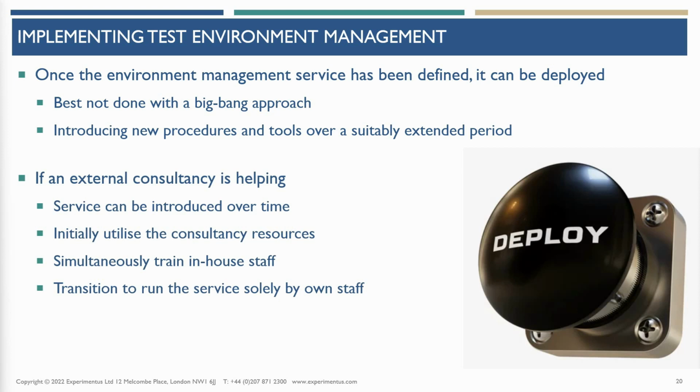This is an important part of what Experimentus do. We can resource the centralised environment team exclusively if requested to do so, but we find it normally serves the organisation best when in-house personnel are involved and eventually take full ownership as the service is implemented and transitioned to them.